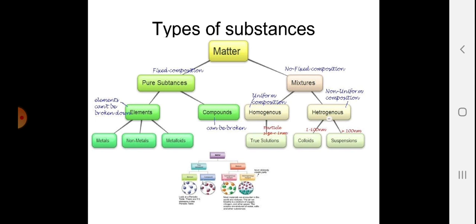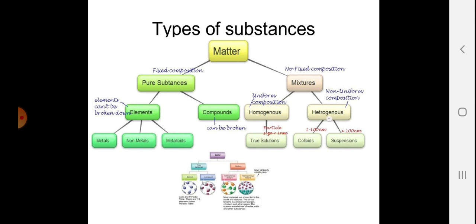Now, the second category of matter is mixture, which does not have any fixed composition. The mixtures are further classified into homogeneous mixture, which has uniform composition, and the second classification is heterogeneous mixture, which has non-uniform composition.